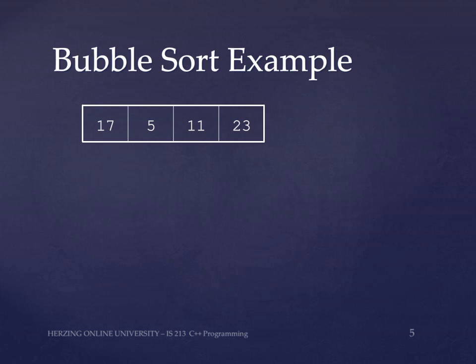In the second pass, after the first pass, the array numList3 contains values 17, 5, 11, and 23. You compare values 17 and 5. They're not in the correct order, so you exchange them.